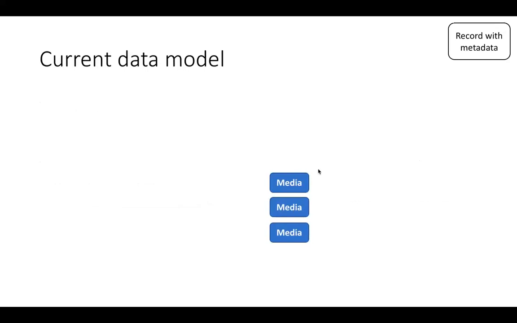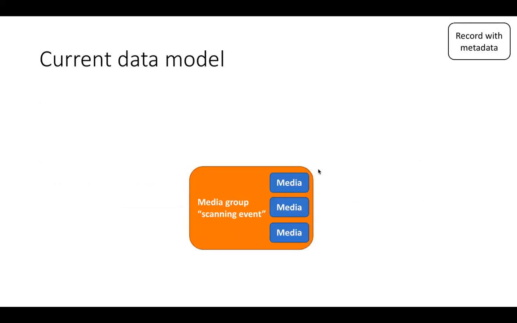So in the current version of MorphoSource, you take those things that are related by a single scanning event, and you put them in a container known as a media group. So media groups are containers for multiple media that all relate to one scanning event. Each media group is imaged by a single scanner.